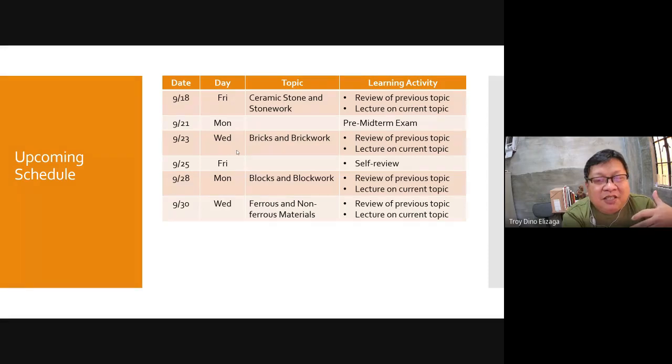So I spaced all these days in between so that for emergency reasons, for example, if suddenly there's a nationwide blackout on the 23rd, so we cannot at all meet or discuss anything, we can reschedule that on the 25th. Otherwise, if everything is normal, self-review time is simply no activity. Maybe you'll have just a quiz of the bricks and brickwork.